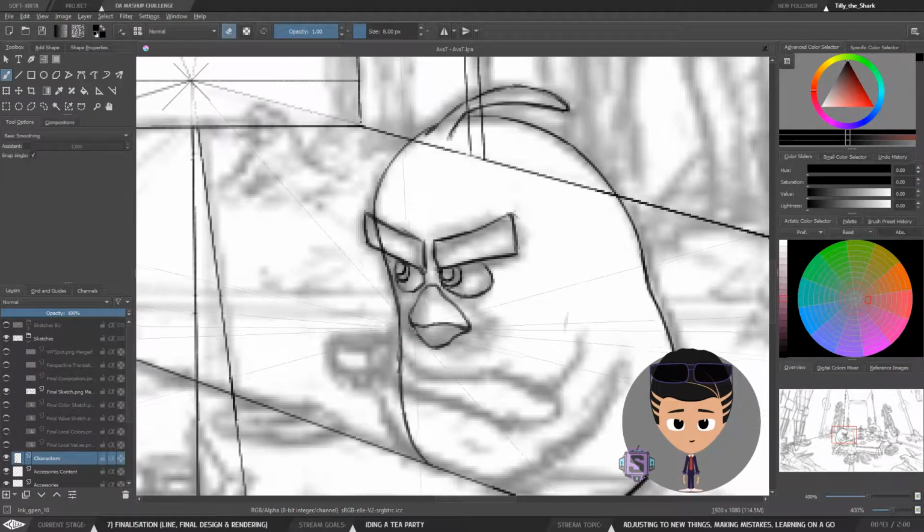Okay, the bottom beak needs to be smaller, and we need to suggest that.